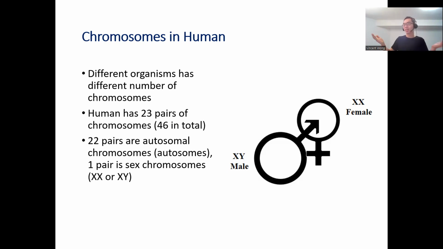Of course, it doesn't work like that. It's 50-50. So there is a 50% chance that the father will pass on the X, and if that happens, the baby is gonna be a girl. If the male passes on the Y, then the baby is gonna be a boy. So it's the male that's genetically responsible for determining the sex of the child.